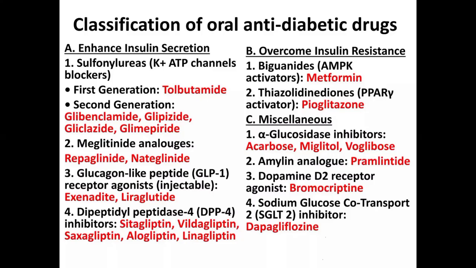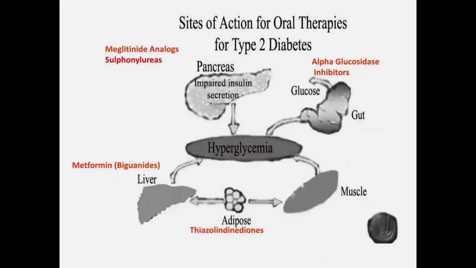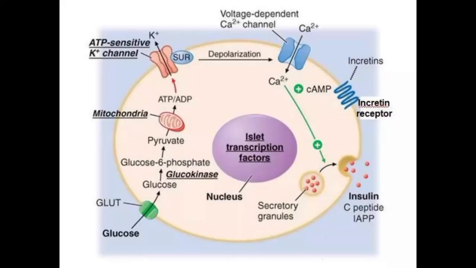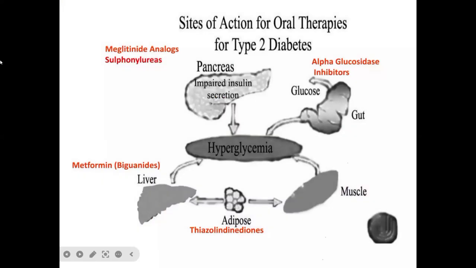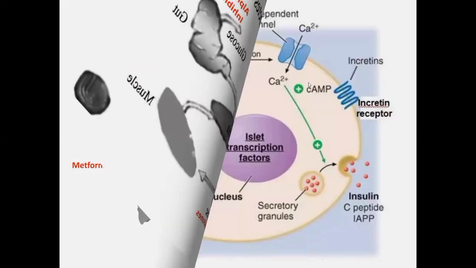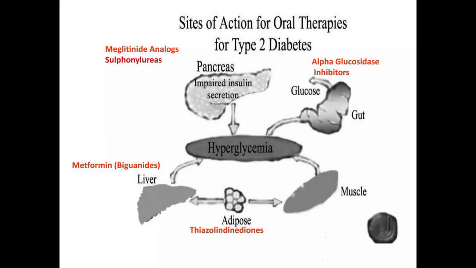So this is the site of action for the oral therapies for type 2 diabetes. The classes of drugs which we studied in the previous slide, here their site of action is described.